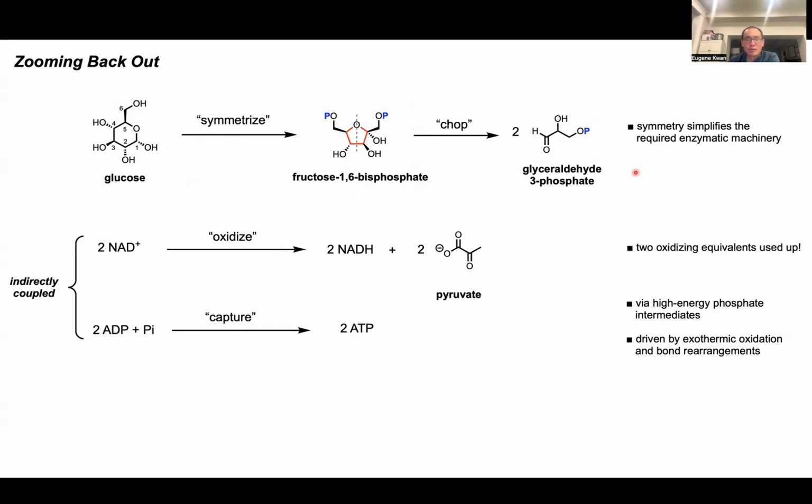Okay, and then we're going to couple indirectly oxidation, which is exothermic, to the phosphorylation of ADP, which is unfavorable, and that's going to result in a net payoff of 2 ATP. Okay, and overall, the energy from this is going to come both from oxidation of an aldehyde to an acid and the moving around of bonds to a more favorable arrangement.